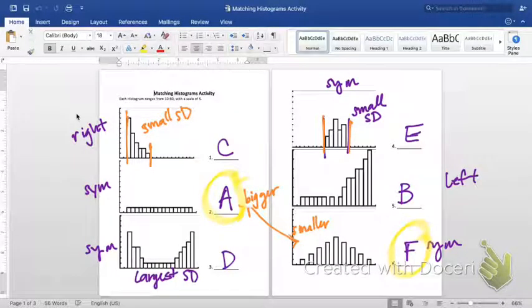The first two that I did were number 1 and number 5 because of the right and the left skew. Number 1 had a right skew, so that means the mean needed to be greater than the median.